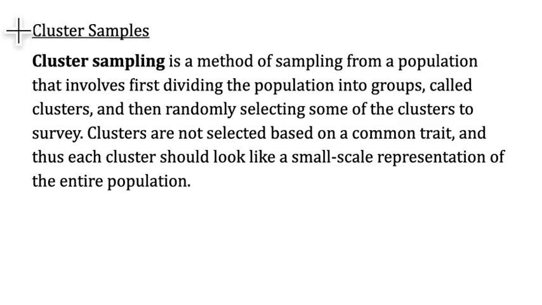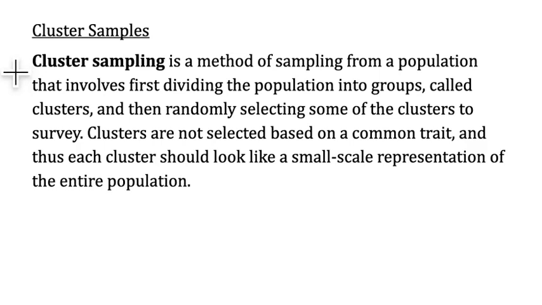And finally, we have cluster samples. Cluster sampling is a method of sampling from a population that involves first dividing the population into groups called clusters, and then randomly selecting some of the clusters to survey. Clusters are not selected based on a common trait, and thus each cluster should look like a small-scale representation of the entire population.